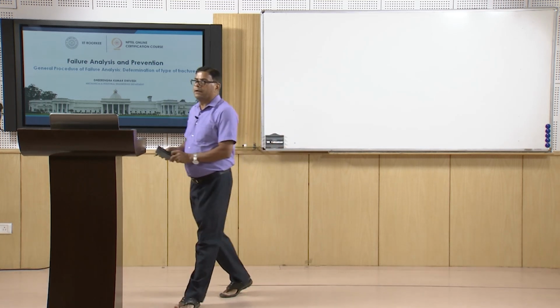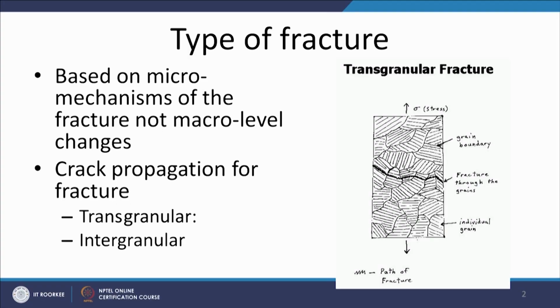So, what we can see in this diagram is that the classification is based on the microscopic mechanisms of the fracture and not the macro level changes which take place in the form of deformation.